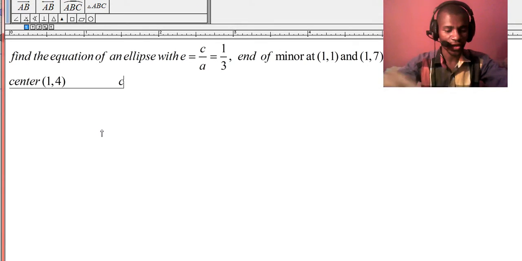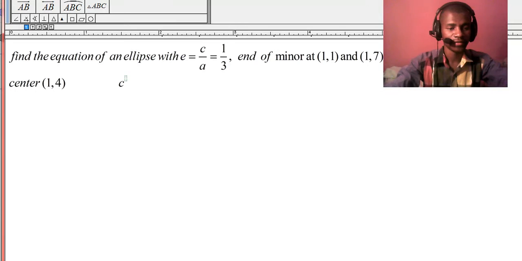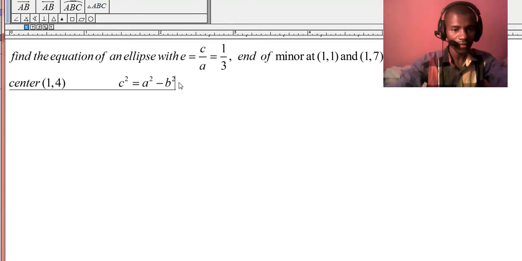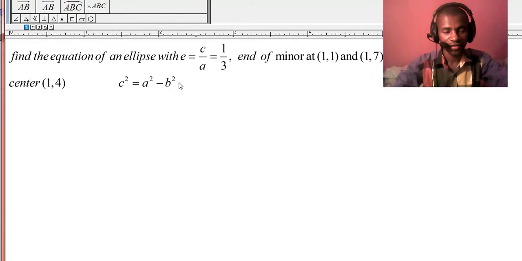We know that c squared is equal to a squared minus b squared. Okay, so there we go.